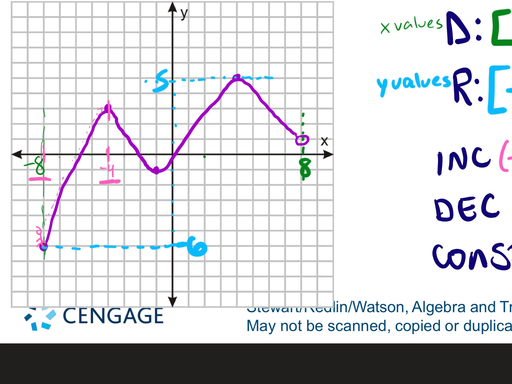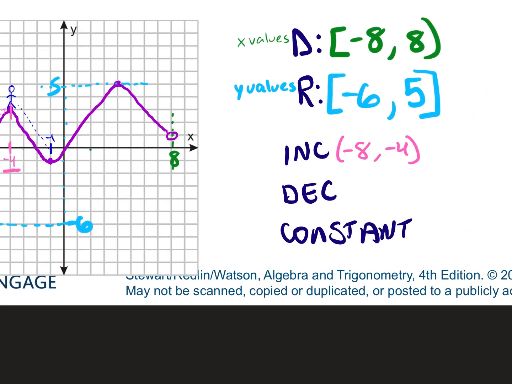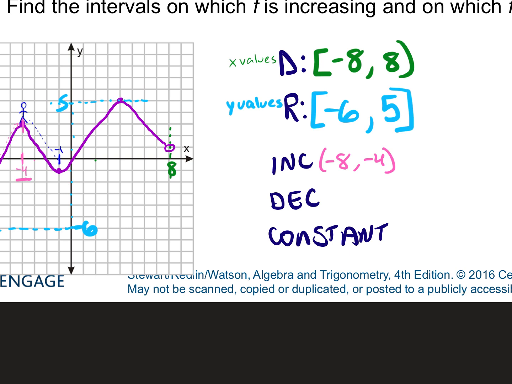At -4, I start to walk downhill. So I'd be decreasing until what point? -1, because my x value here is at -1. So I'd be decreasing from what to what? -4 to -1. And then at -1, again, we start increasing to what point? To 4. Our x value is 4 once we stop increasing again.